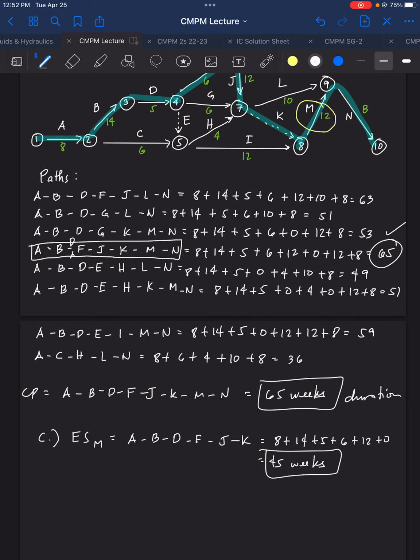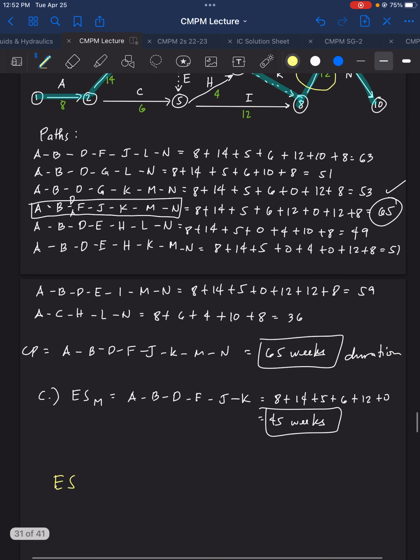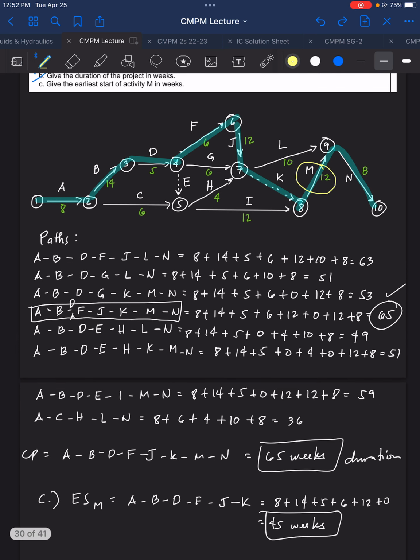So side question, what is the early start of say activity I. So where is activity I? So here is the activity I. So how do you determine the early start of activity I? So again, you need to focus on the critical path.